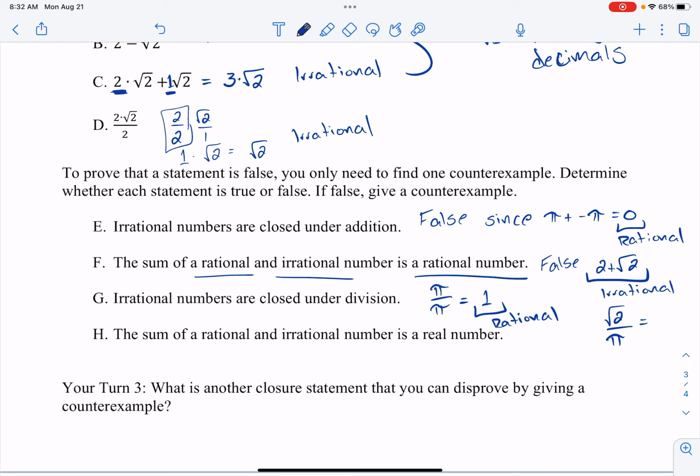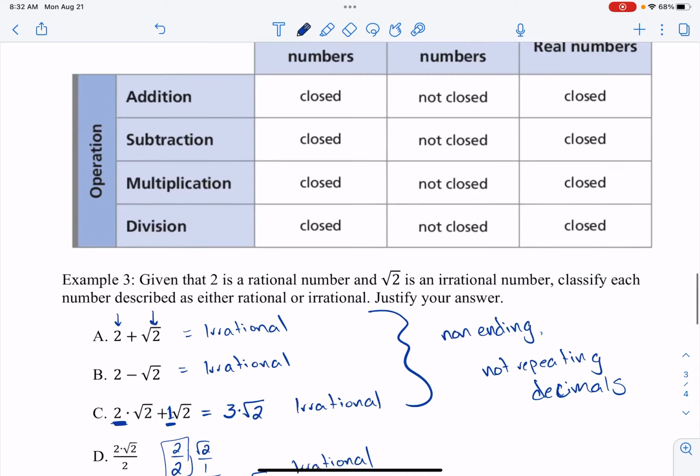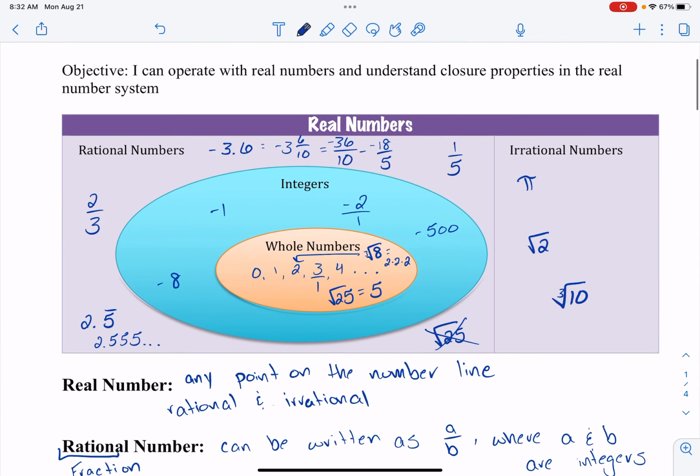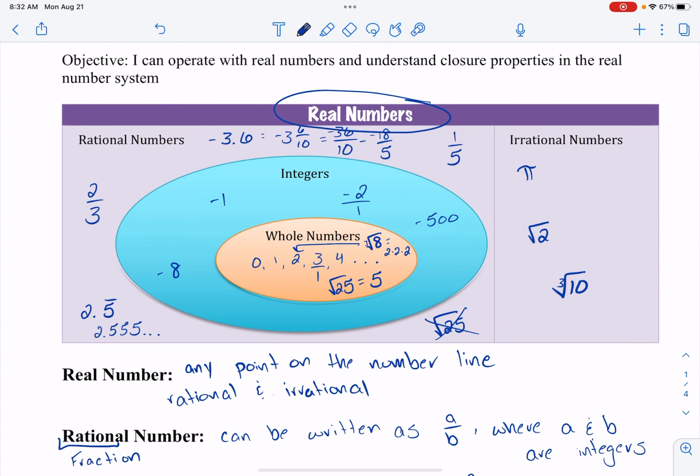The sum of a rational and an irrational number is a real number. Well, first of all, the rational numbers are real numbers. Irrational numbers are also real numbers. If we go back to here, real numbers is the heading on all of them. Real numbers can be divided into 2 categories, rational and irrational, but they're still real.